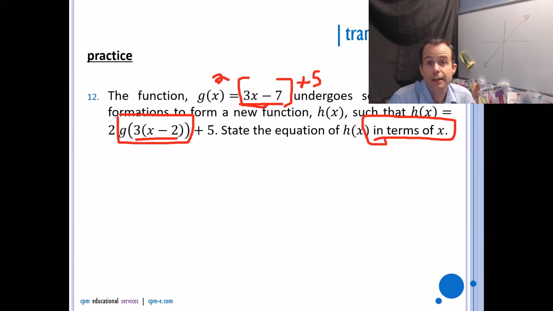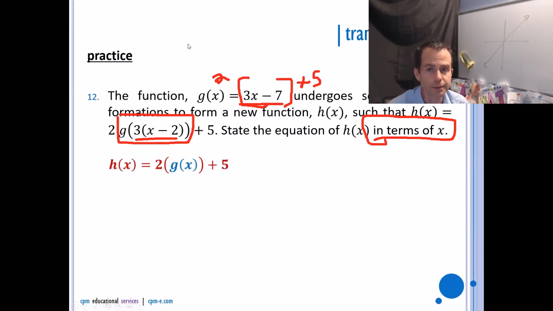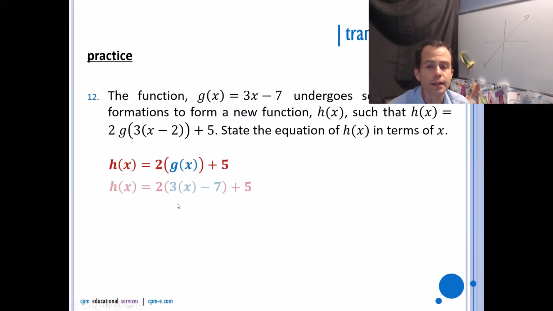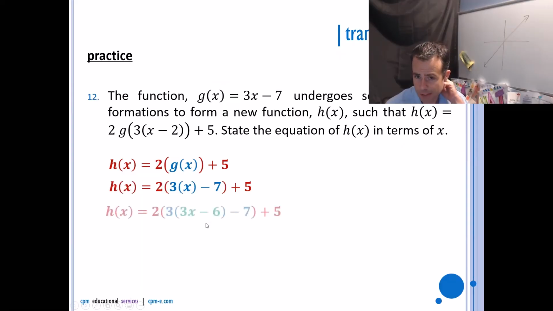If it's a g of negative 5, I'd replace x with negative 5. So right now it's saying g of 3x minus 6. So I'm going to replace x with 3x minus 6. Okay, so it's 2 times g of x plus 5. And then the g of x is 3 times x, but I'm going to replace that x with 3x minus 6.